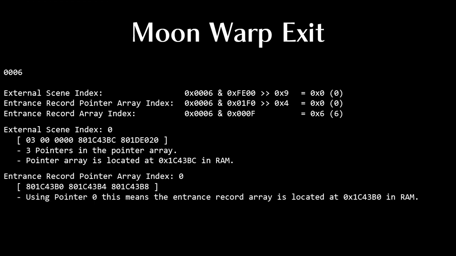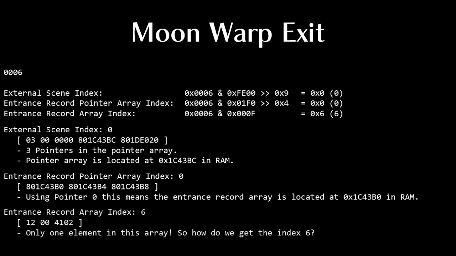On screen you can now see the entrance record pointer array and its 3 pointers. Using the pointer at index 0 means that the entrance record array is located at 1C43B0 in RAM. So now we can get the entrance record array, which is what you can see on screen. And as per the exit value, we are using index 6.